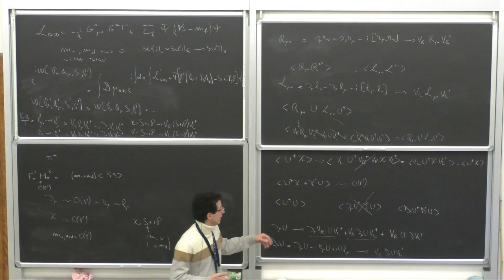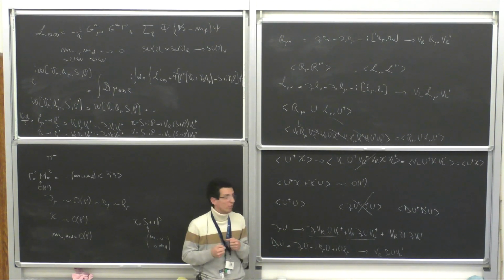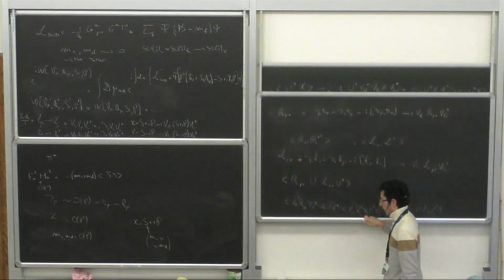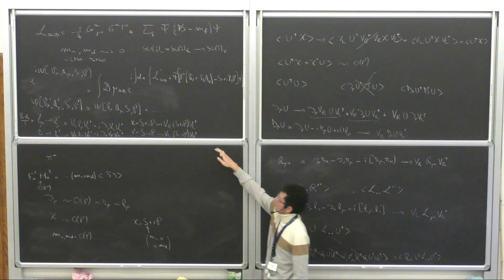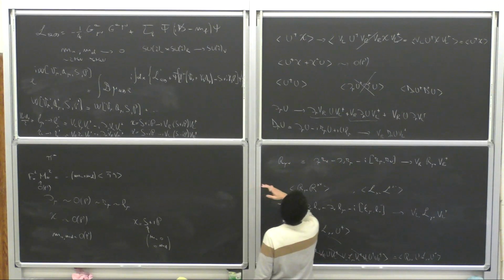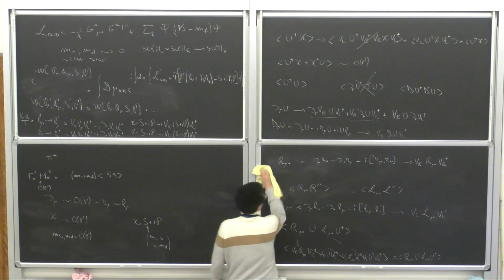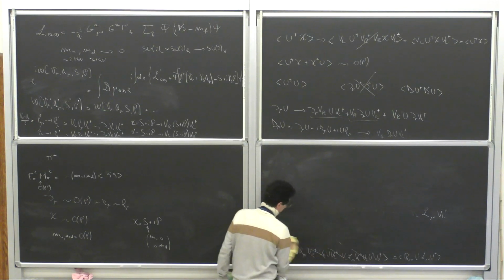Okay? There is no interaction term with dimension less than 2. So the Lagrangian, all these effective Lagrangians, can be ordered in this counting.